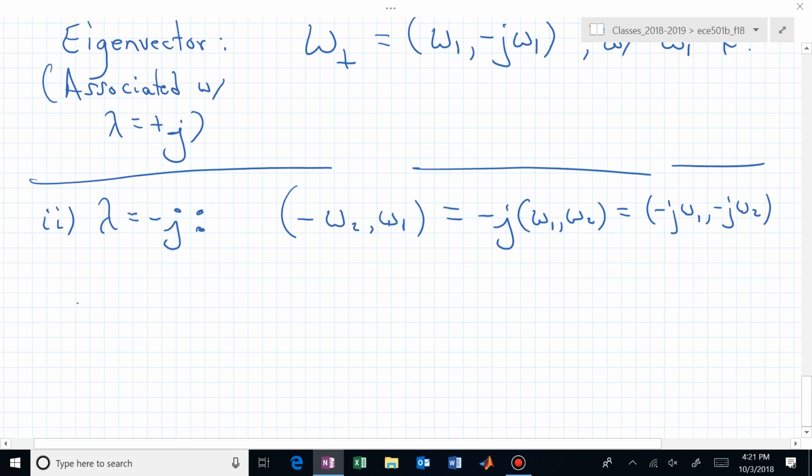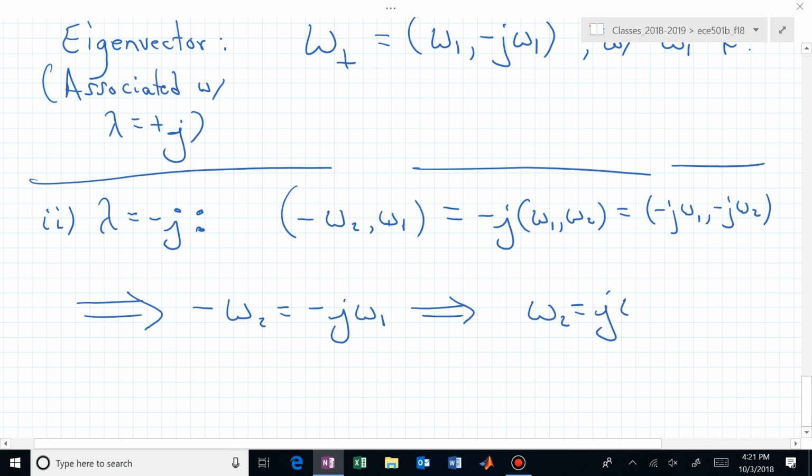If we look at the first coordinate again, you can actually see that those two are giving you the same relationship again. Now if we say minus w2 is equal to minus jw1, now we can see that w2 is actually just jw1.